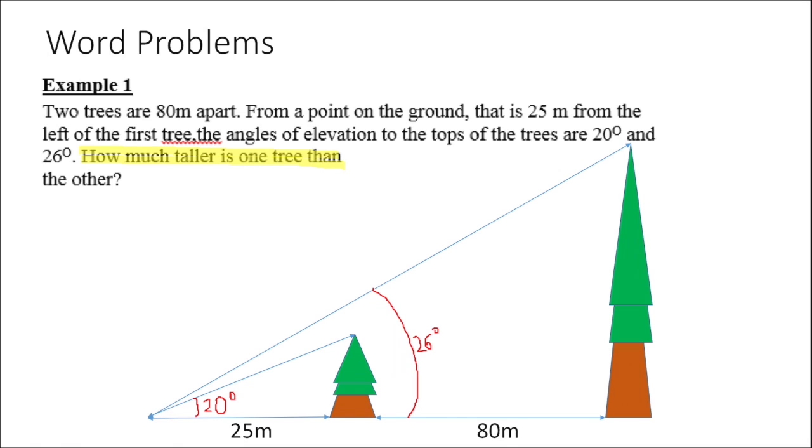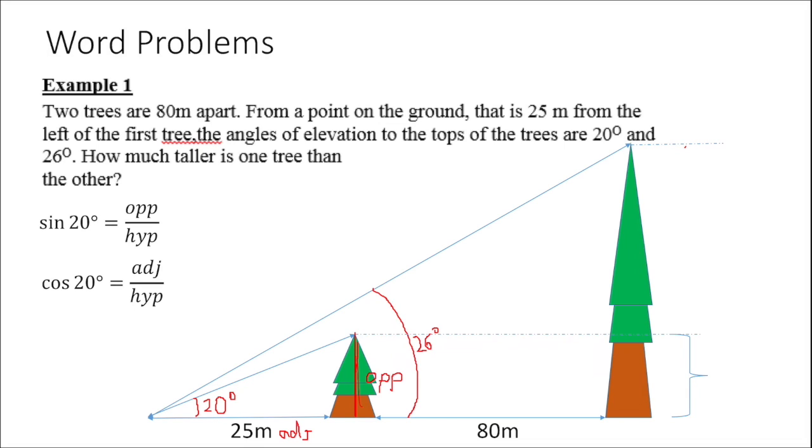How much taller is one tree than the other? Well, we have one right triangle and a second right triangle, and we want to know how tall one tree is and how tall the other is, and how much taller, so I want to know that difference. To get this side, the opposite side, I need opposite over adjacent.